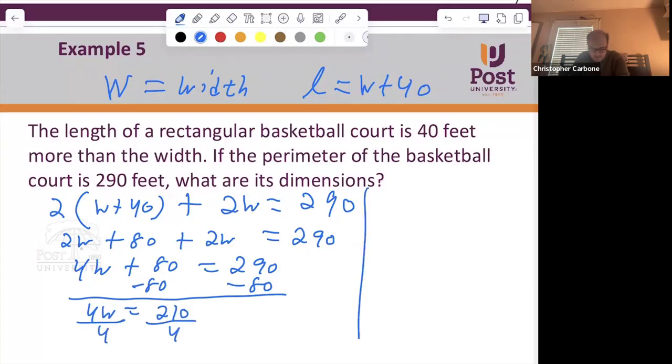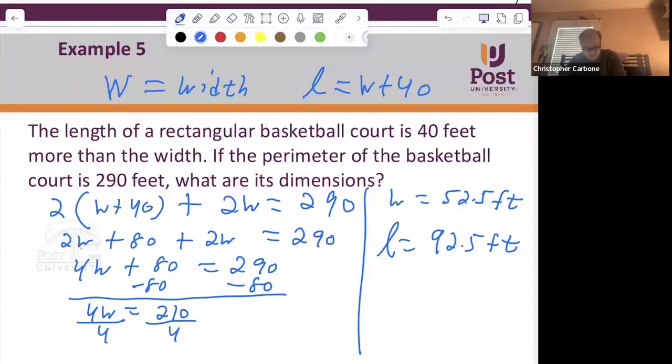And dividing by the 4 gives us the width of 52.5 feet. And the length, which is 40 more than that, would be 92.5 feet in this particular case.